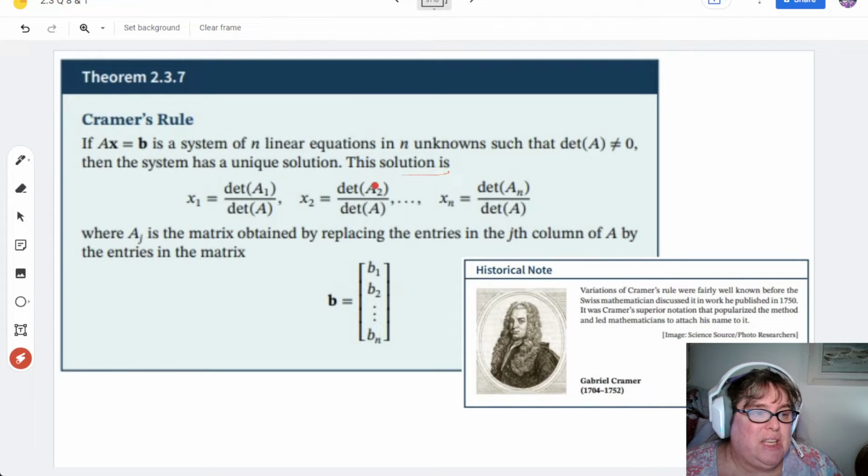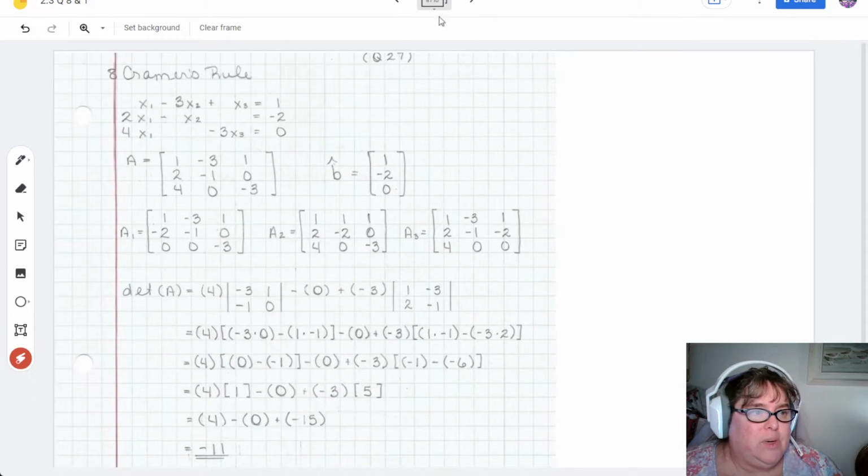This solution is given by these formulas that we are going to use to solve this problem, where Aj is the matrix obtained by replacing the entries in the jth column of A by the entries in the matrix B. And here's your solution matrix. And you can read the little blurb there about Gabriel Cramer, who originated this.